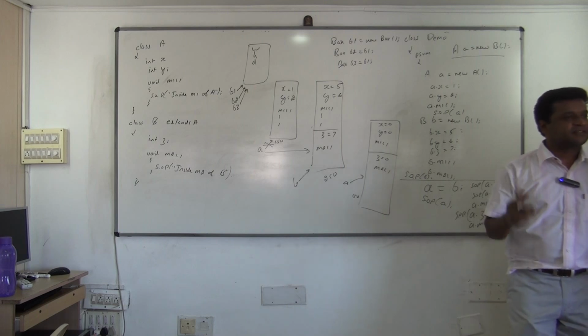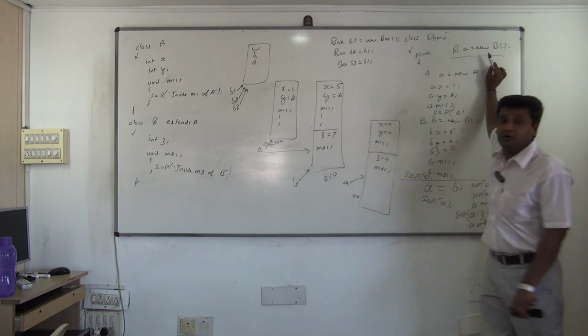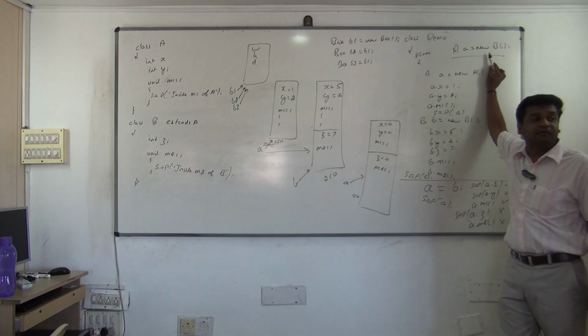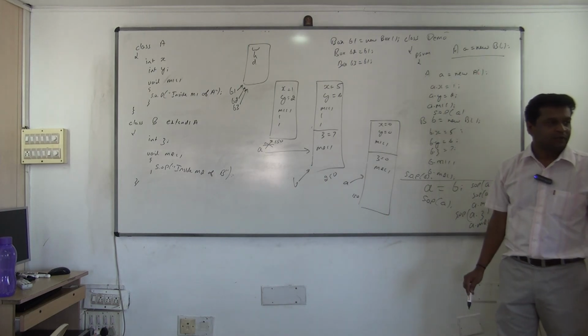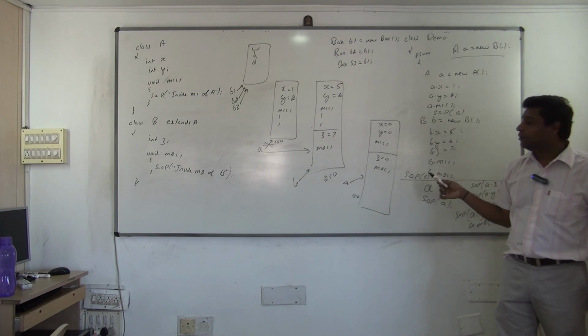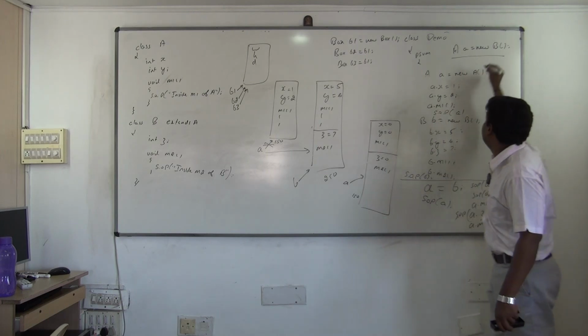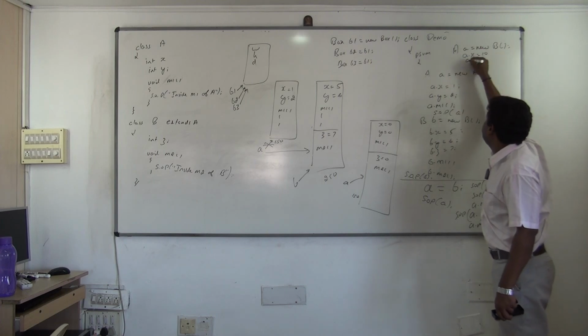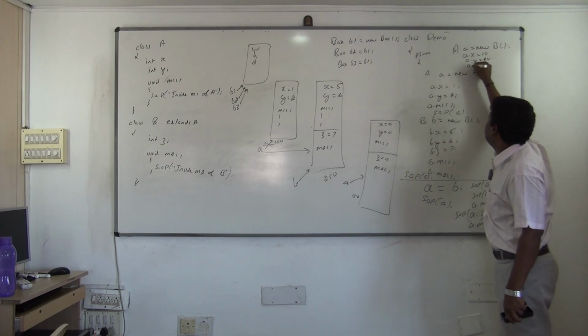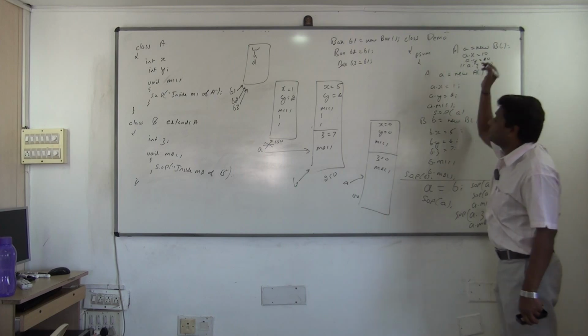If you wanted to access the subclass member, you should have created subclass object and referred it with subclass variable. Then you could have accessed. Are you following now? So A A is equal to new B is correct, but I can access only this. See, I can initialize. What I will initialize? A.X is equal to 10, A.Y is equal to 20, A.Z is equal to 30, error. I can't access.